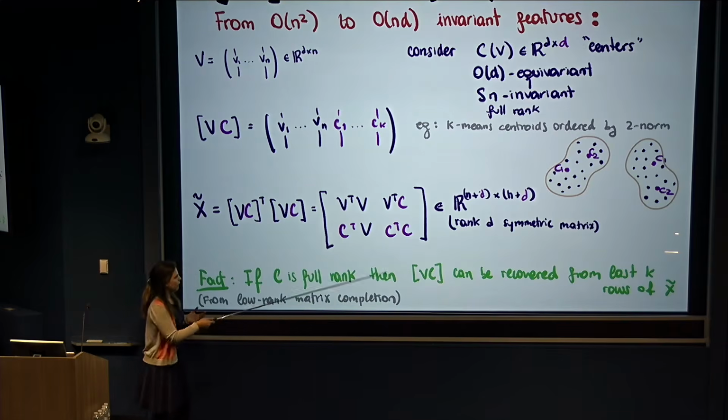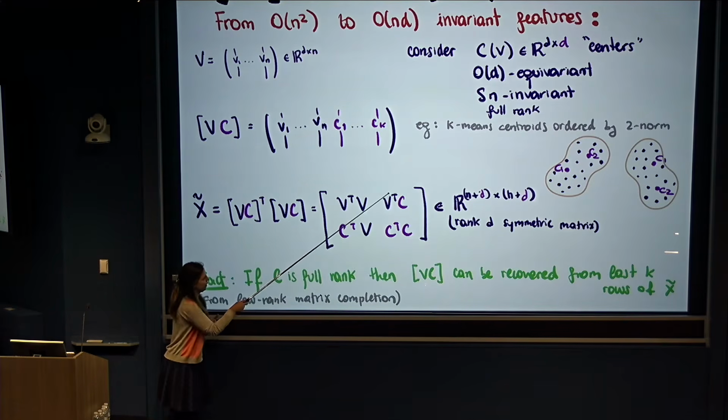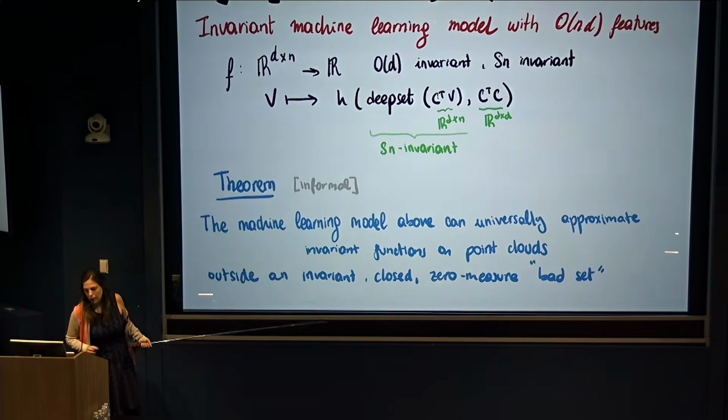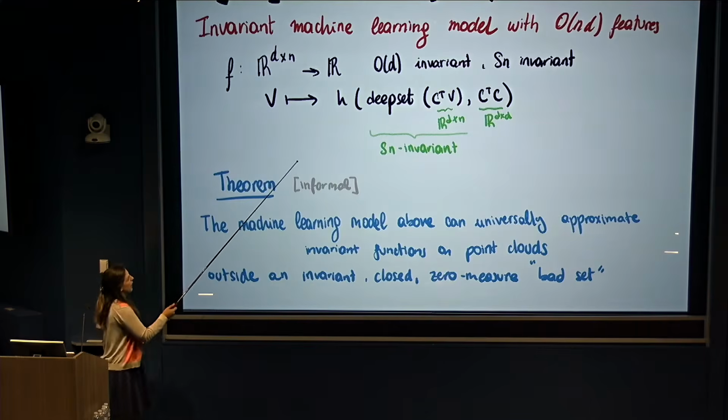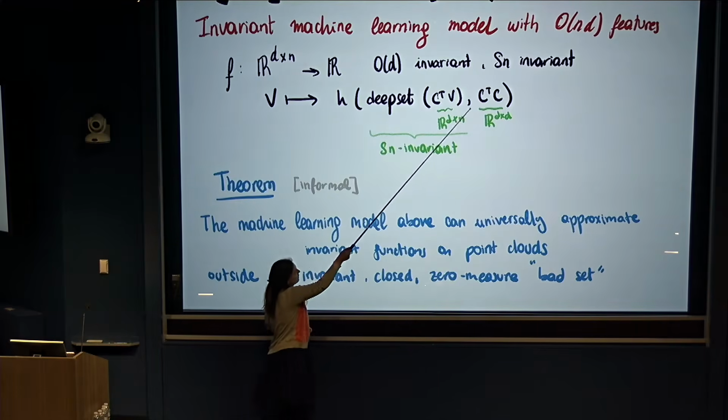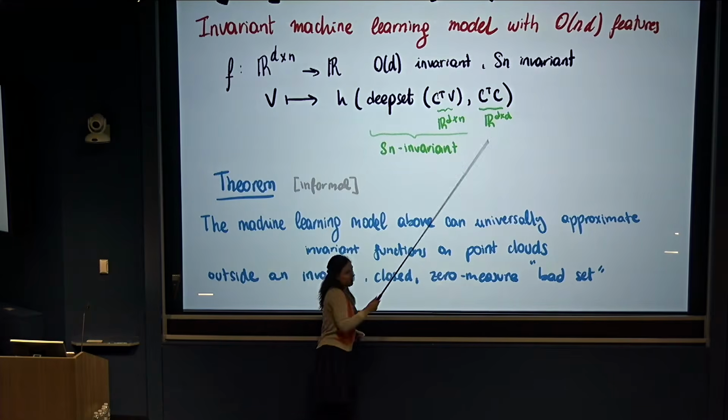Your model would be a deep set of the inner products of your points to your centers and the centers' inner products with themselves.